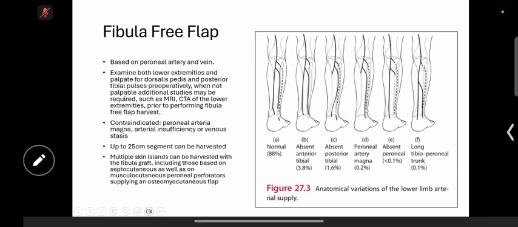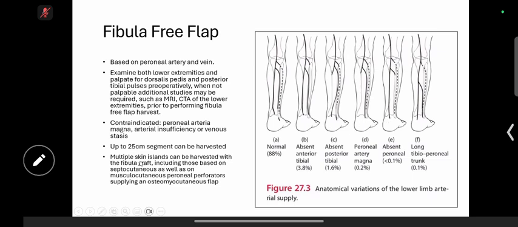As we can see, the anterior tibial is present, but it's not supplying the foot, and the posterior tibial artery is missing. Next is an absent peroneal artery, which has less than 0.1% chance, and then next is a long tibio-peroneal trunk, which is also around 0.1% anatomical variation for the lower limb.